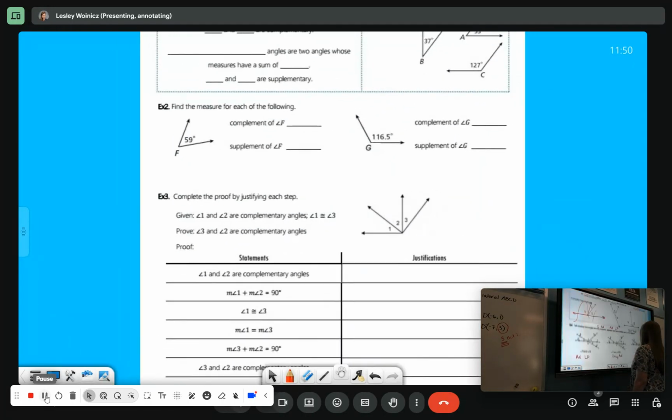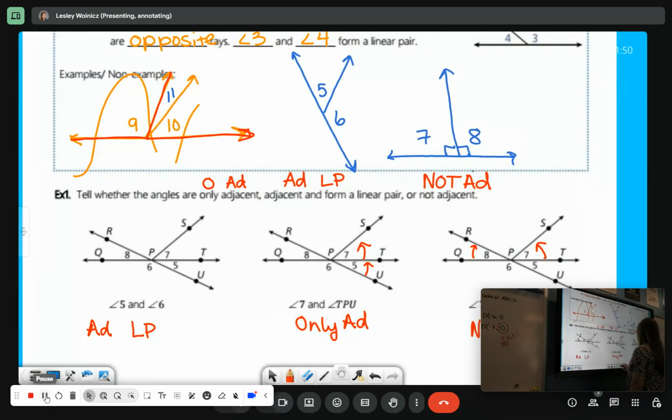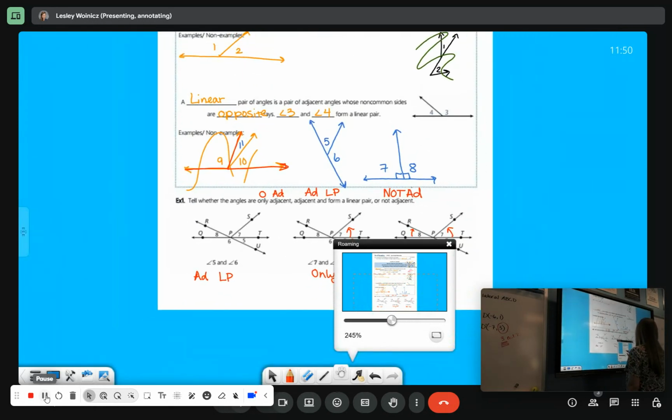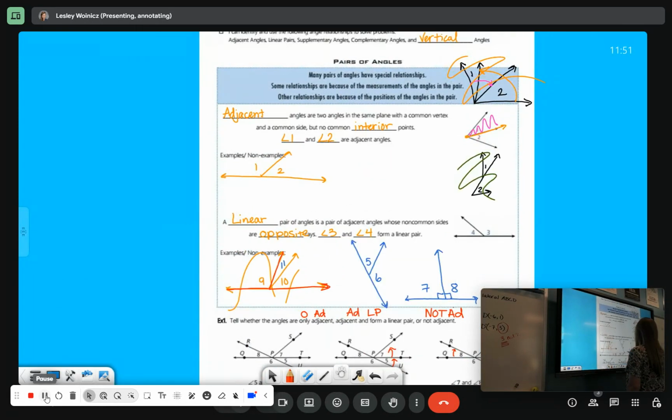Okay, so remember that we said pairs of angles have relationships based on their positions or their measures, right? So linear pairs and adjacent angles have relationships based on position.